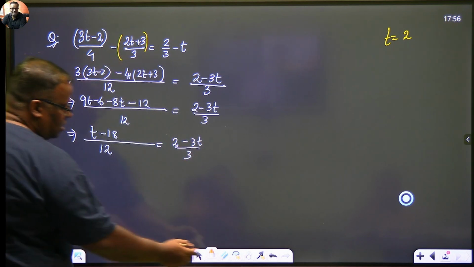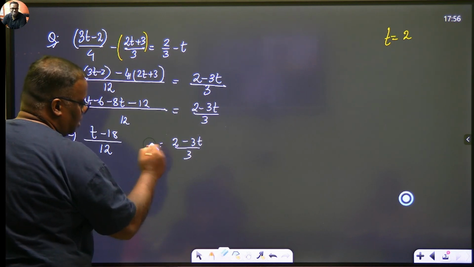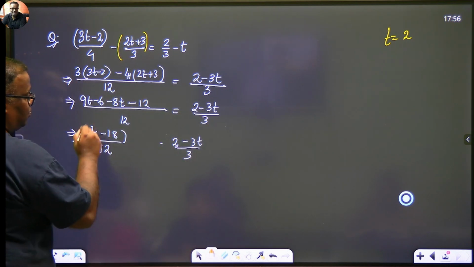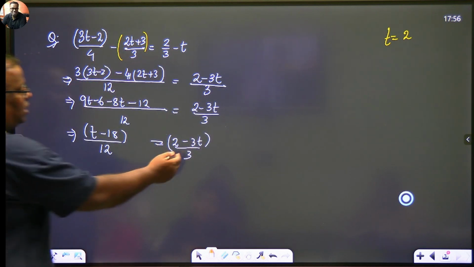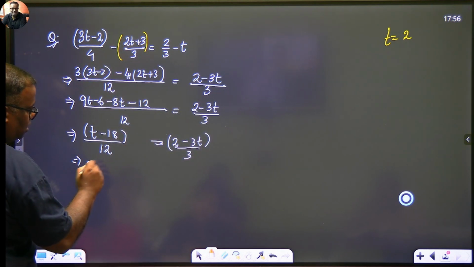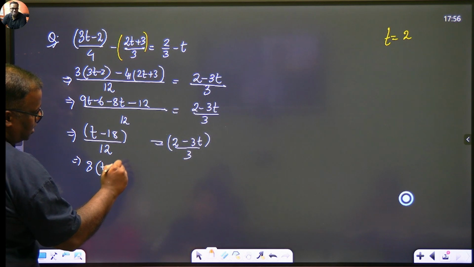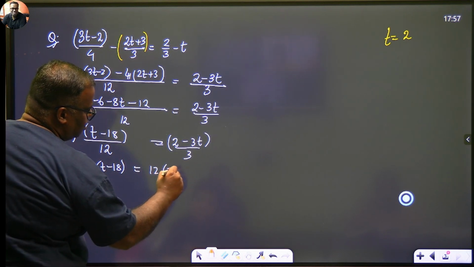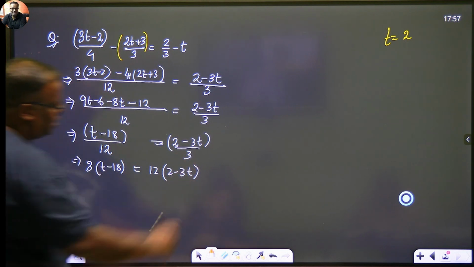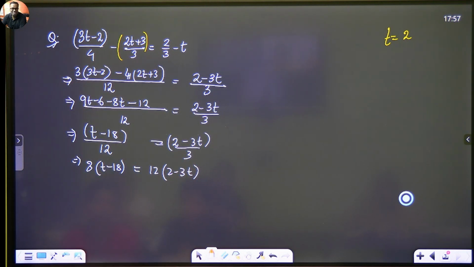Now we do what is known as cross multiplication. We bring the 3 this side. 3 into t minus 18 is equal to 12 into 2 minus 3t. Now what will you do?